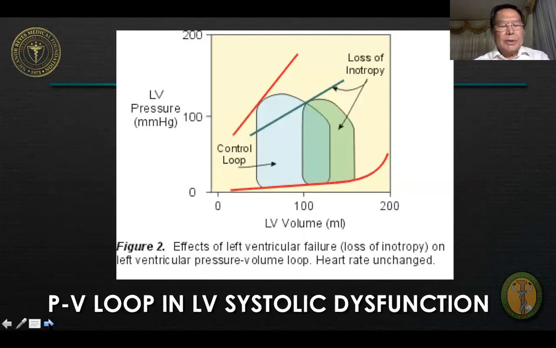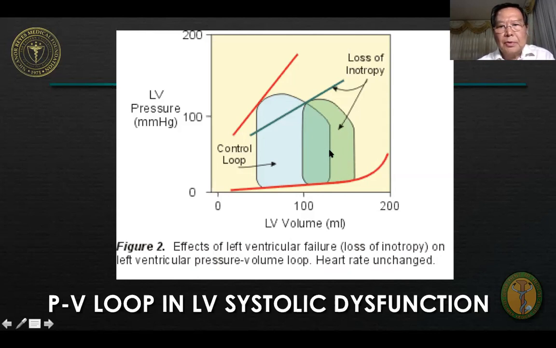This is an illustration of pressure volume loop in patients with left ventricular systolic dysfunction, or simply put, patients with congestive heart failure. Take note that we use this as our reference pressure volume loop, right? In patients with congestive heart failure, this is what happens in the pressure volume loop. And since there is diminished contractility or inotropic state of the left ventricle, this would result in a lower stroke volume.